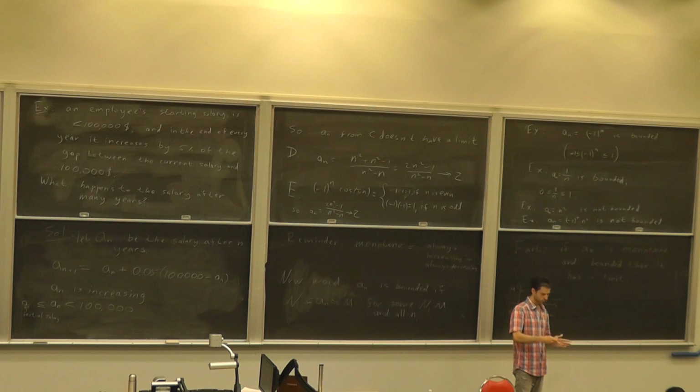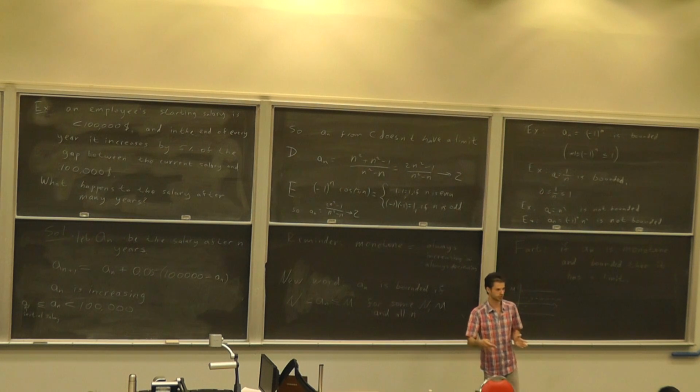Well, it's going to increase, but the gap between the current salary and 100,000 is not going to be covered entirely, only 5%. So the next salary is still going to be smaller than 100,000. But then the same logic applies over and over. So it always increases by some amount and never jumps over $100,000.